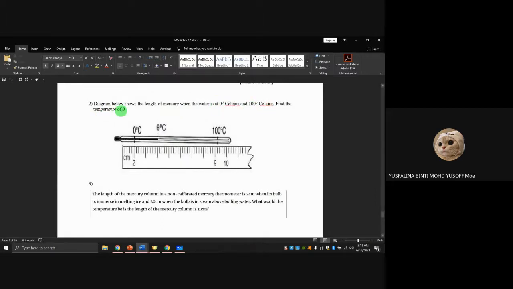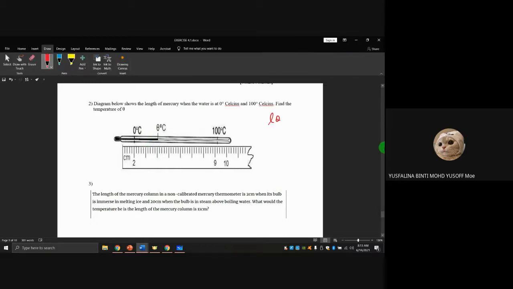Find the temperature theta. Here there is 3 cm and this is 4 cm, so L theta is 4 cm. L0, the length of mercury at 0 degrees Celsius, is 2 cm, while L100 is 9 cm.